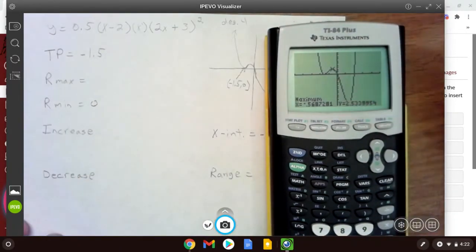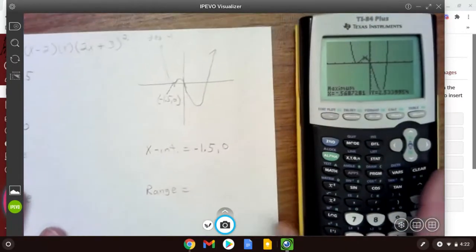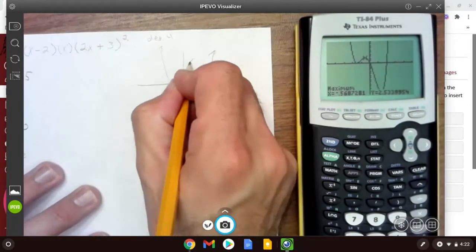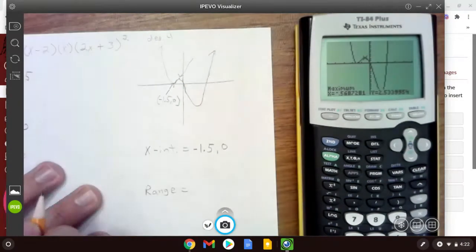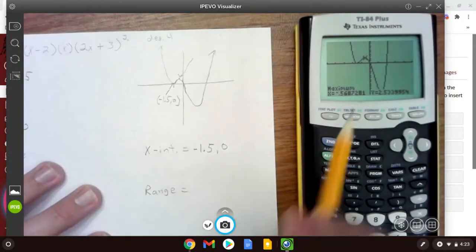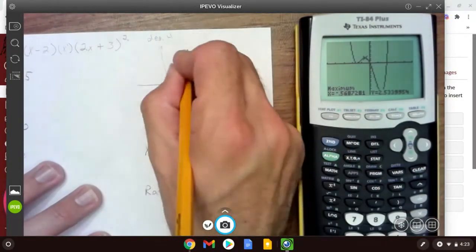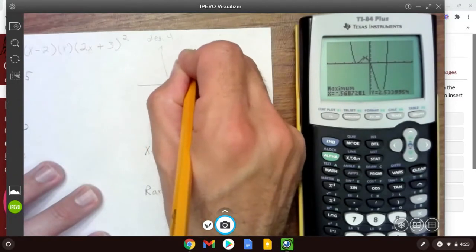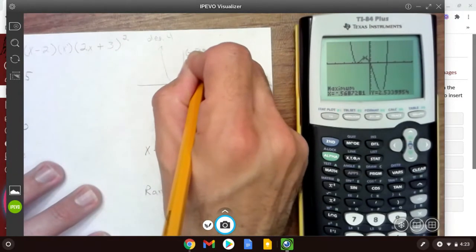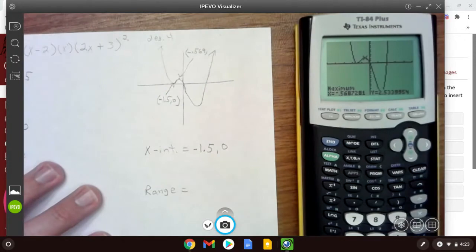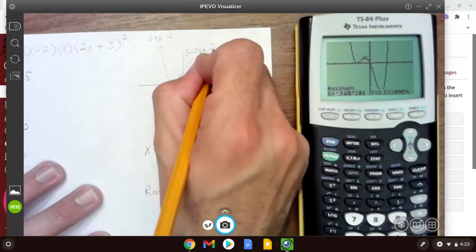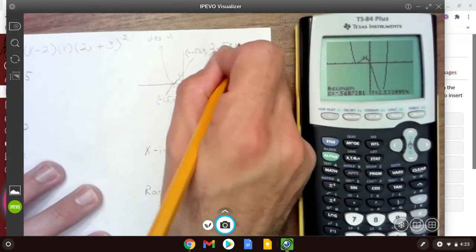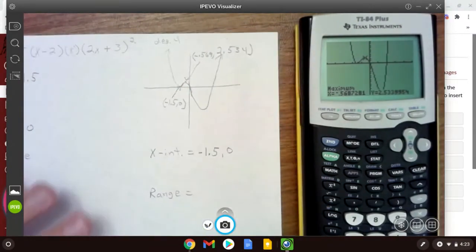So we got negative 0.569, because I'm rounding it, comma, 2.534.